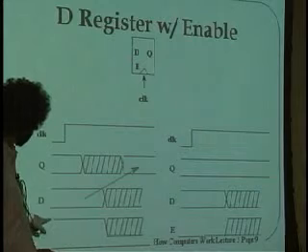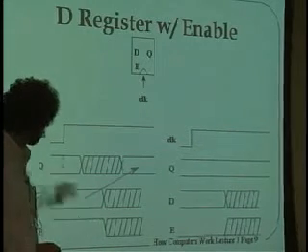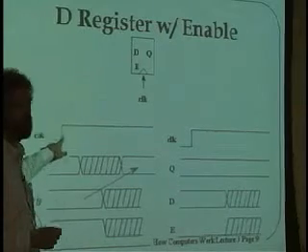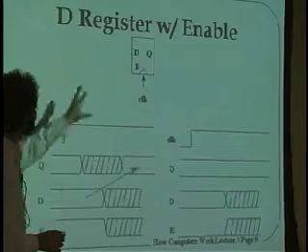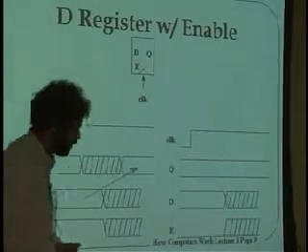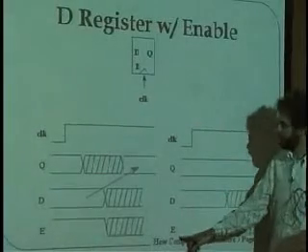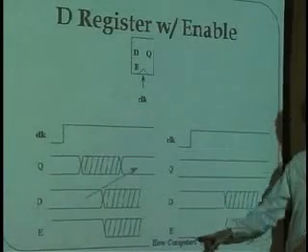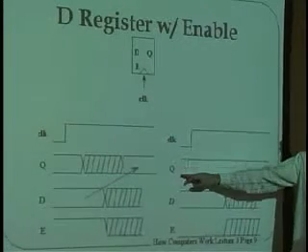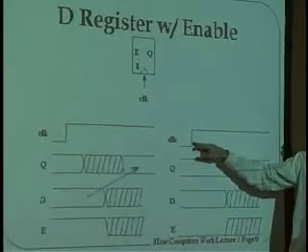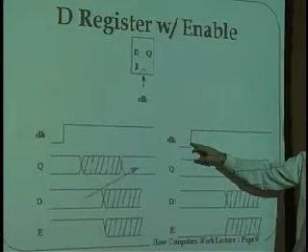Furthermore, we needed to ensure that the camera was turned on, that the enable was high during the time that the clock went from 0 to 1, when the shutter was pressed. Okay, so that's the model of how the register works. Now notice over here, if the enable is low, in other words, we didn't turn the camera on, and it had an image in it, a Q that was either low or high before the clock went from low to high, then it doesn't matter that we made the clock go from low to high.